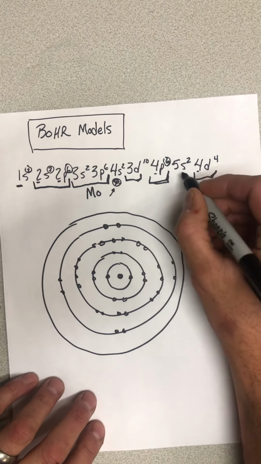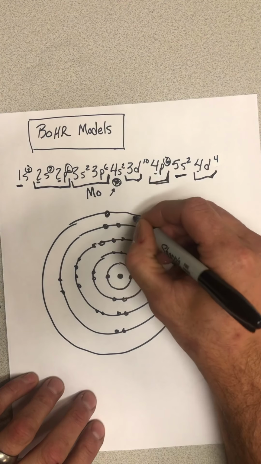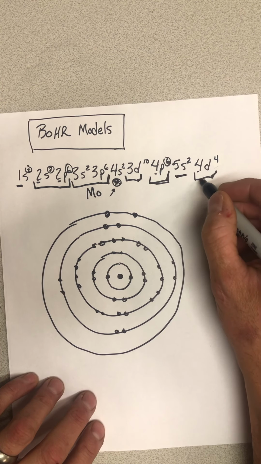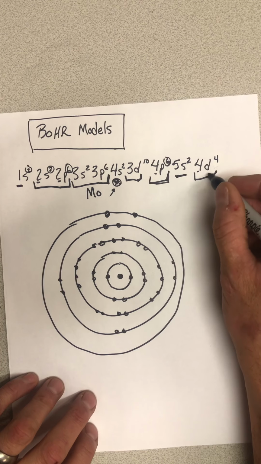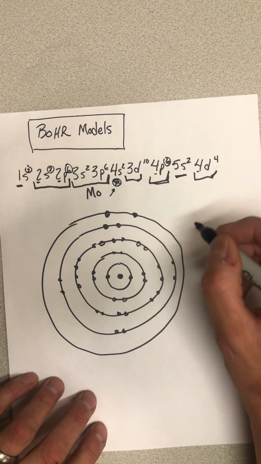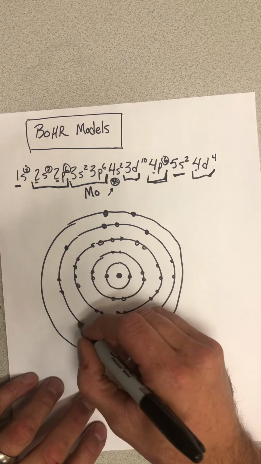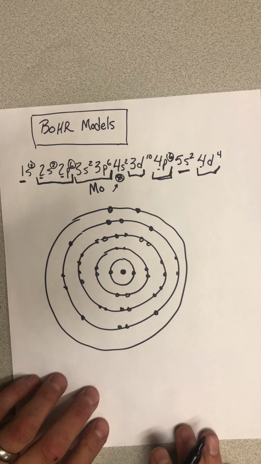Okay. Then we're going to start filling the 5th energy level with our 2 electrons here. And then finally, we're going to backfill the remaining electrons into the 4th energy level. So we're going to put 4 more electrons into the 4th energy level. And that there is a valid Bohr model of a molybdenum atom.